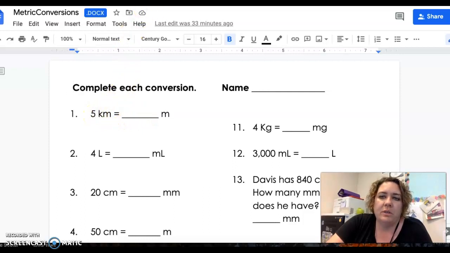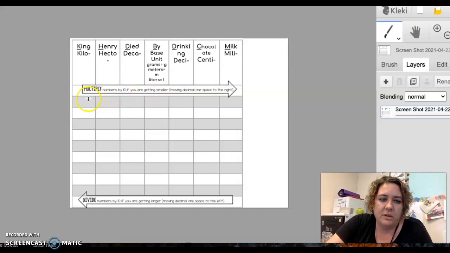So let's go back to our sheet here. If I have 5 kilometers and I want to know how many base units, I go from having my decimal here, because that would be 5, right? It goes from being here over to here.